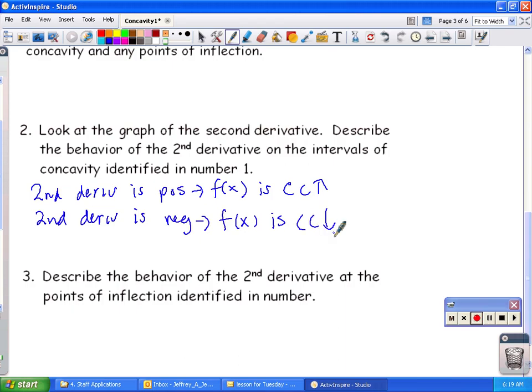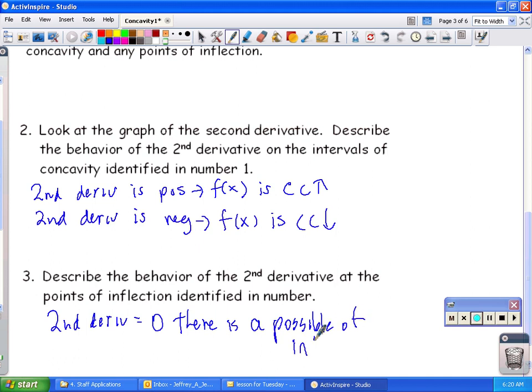And describe the second derivative at the points of inflection. Well, wherever the second derivative is equal to 0, there is a possible point of inflection. It's very similar to the first derivative test, just like when we're trying to find local maxes and local mins.